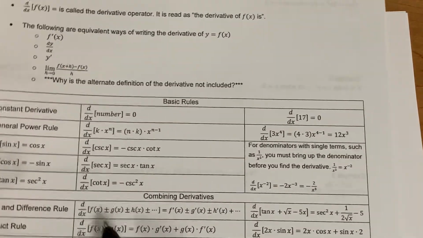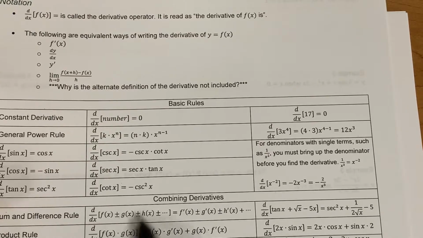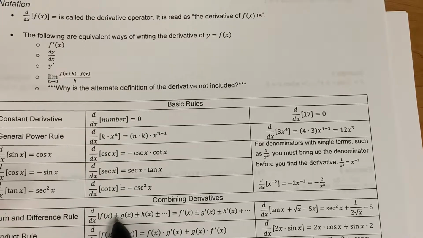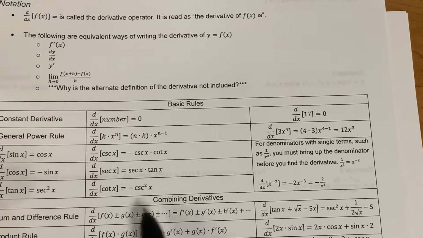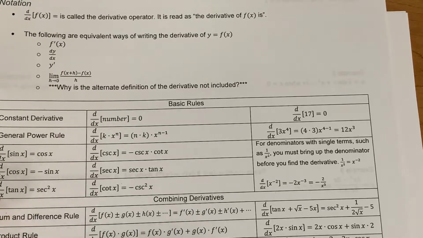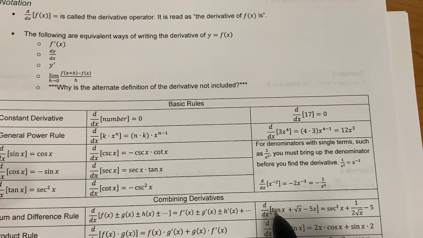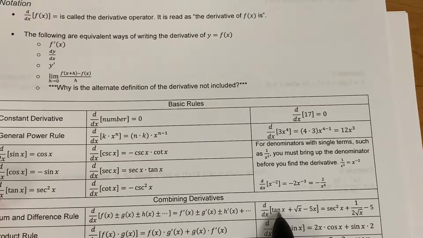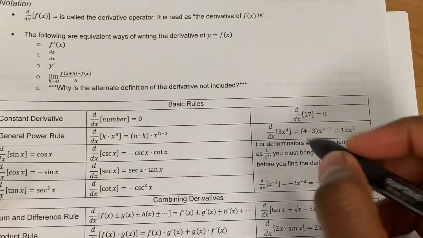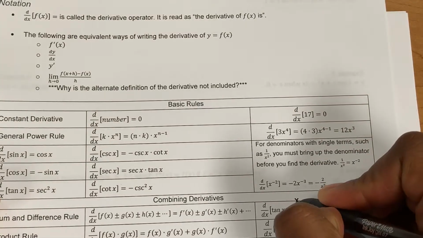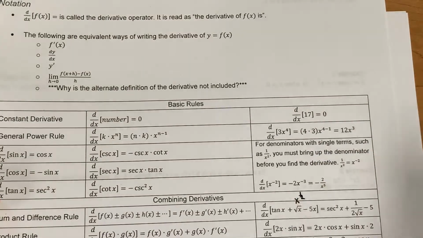We're also always applying the sum and difference rule, meaning that if we add a bunch of different terms to find the derivative, we just add and subtract the derivatives of each term. So in the example in the notes, we have tangent x plus the square root of x minus 5x. Now the square root of x can be rewritten as x to the 1/2.